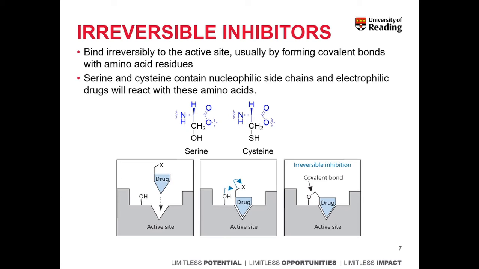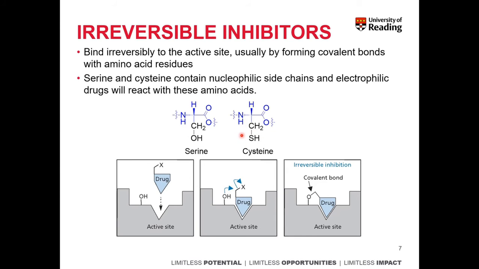Now, in contrast, irreversible inhibitors bind irreversibly to an active site. This is normally by forming covalent bonds with amino acid side chains that are present within the active site. Two amino acids that are able to do this quite readily are serine and cysteine, which you can see here. Here we have serine, which has an OH group on its side chain, and here we have cysteine, which has an SH group.